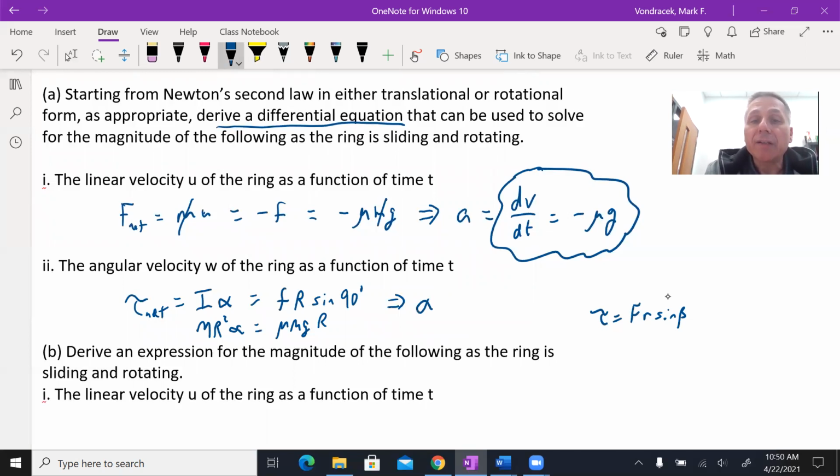Your angular acceleration is the rate of change of your angular velocity with respect to time. There's our derivative. That's how we set up our differential equation. The mass drops out, and one of the radii drops out. And so all we're left with is the coefficient of friction times the gravitational acceleration all over the radius. That would be the differential equation for the second part.